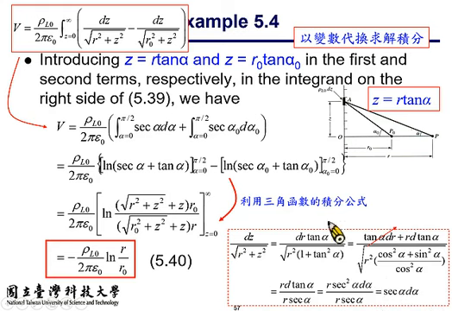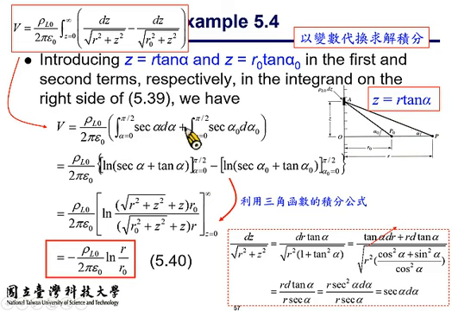So the integration, which is originally an integration over the parameter z, is replaced with the integration over alpha, the angle. The span of this angle is from 0 degrees to 90 degrees. So the limit of the integration is changed to alpha equals 0 to pi over 2.